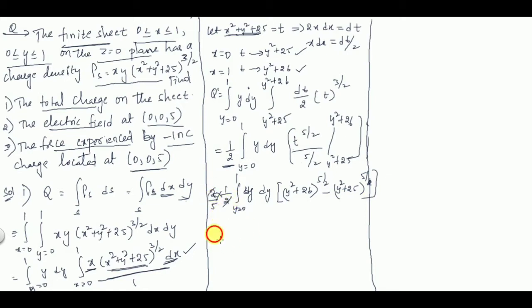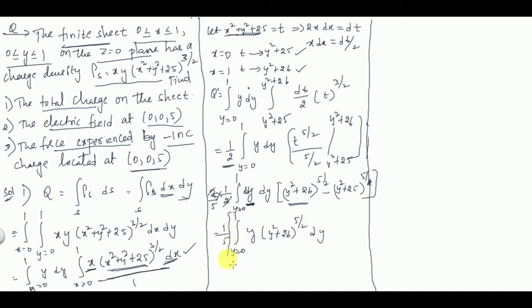This 2 and 2 get cancelled, so 1 by 5 integral y equals 0 to 1, multiplying this y with this, y into (y square plus 26) whole to the power of 5 by 2, dy.